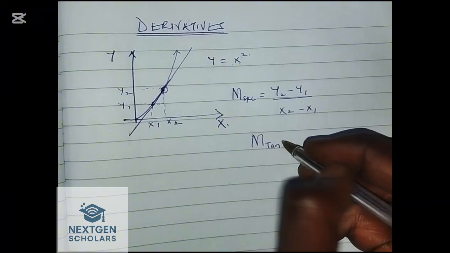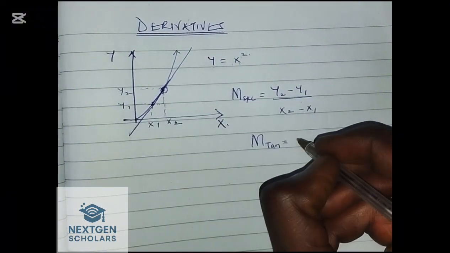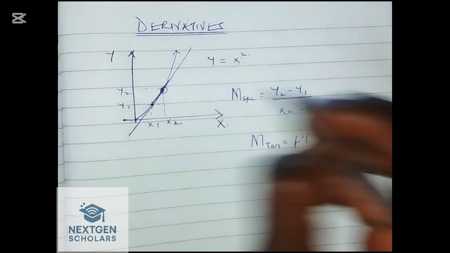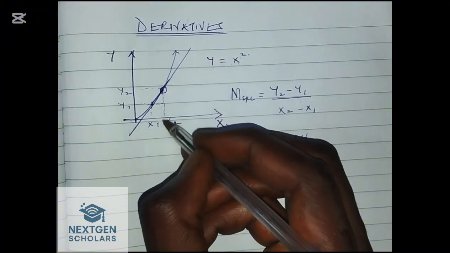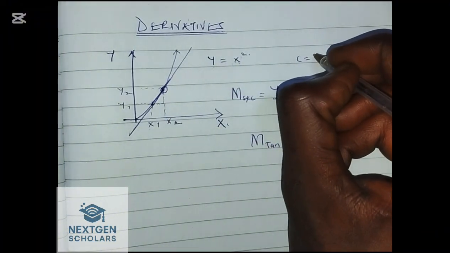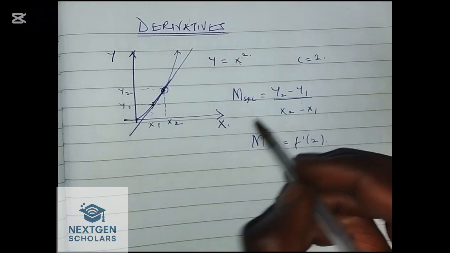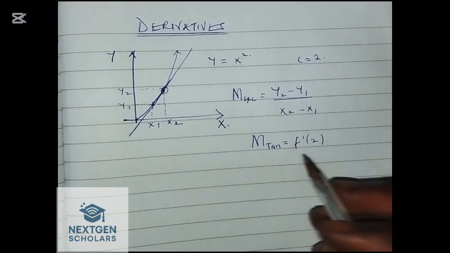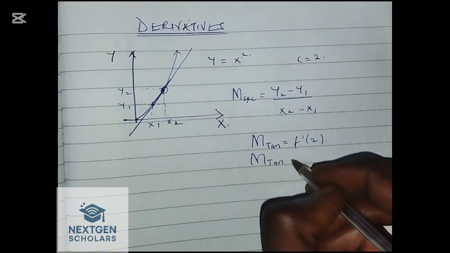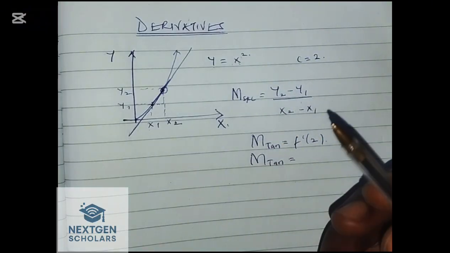To find that, we simply differentiate the function, that is f prime of x at, let's assume this time here is 2. That will give us our result. Now let us solve this and see what we get. To differentiate this, there's a power rule you have to know at this point.